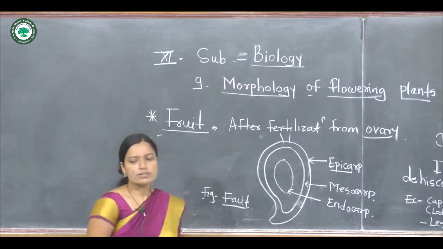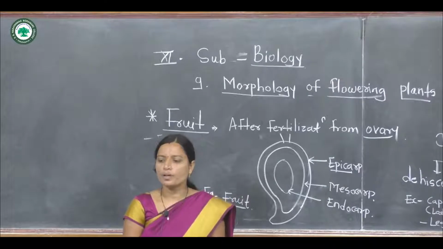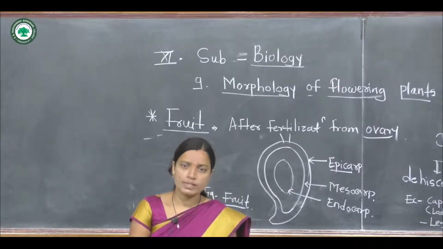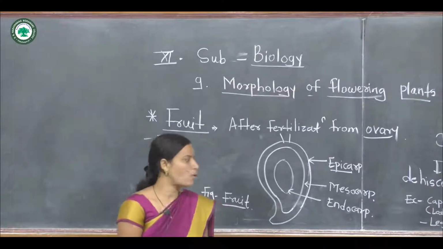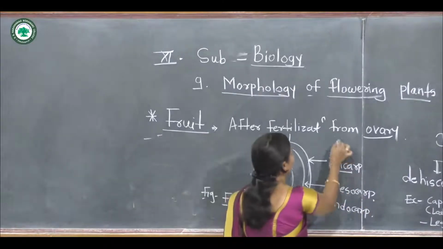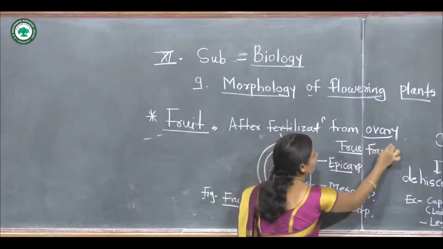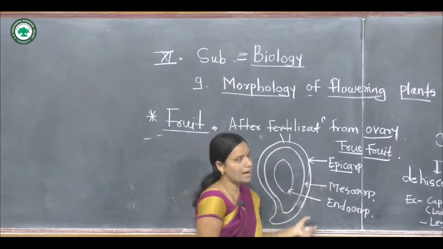In the typical structure, these fruits develop from the ovary, and this type of fruit is called a true fruit. After fertilization, the formation of fruit occurs, and this is called a true fruit. It is divided into three parts.